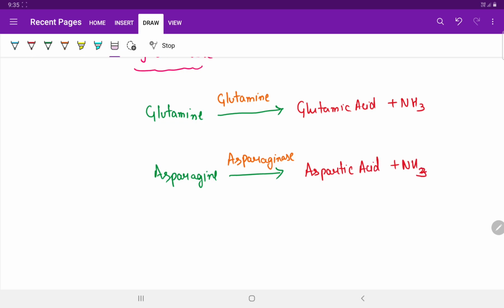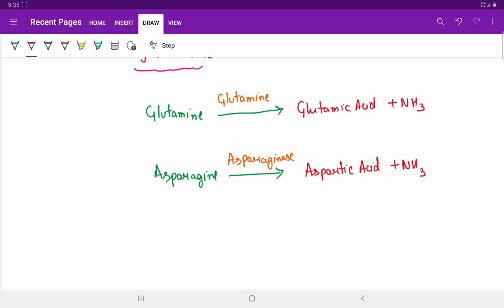Similarly, in the structure of asparagine, there are also two amino groups, and only the amino group which is at the terminal position with the carbonyl group will be removed, not the one at the second position which is with the carbon. So keep in mind.